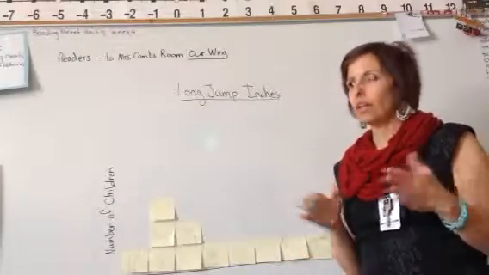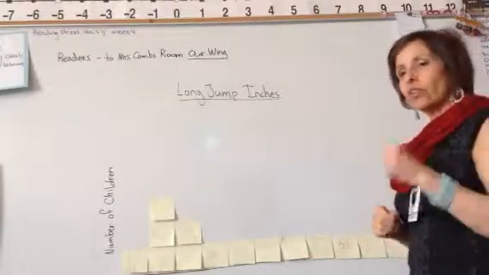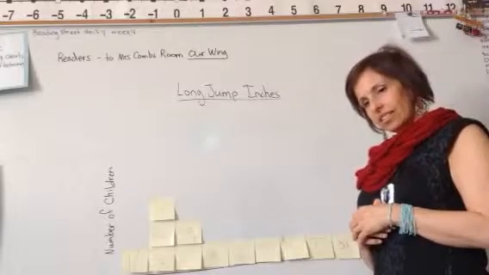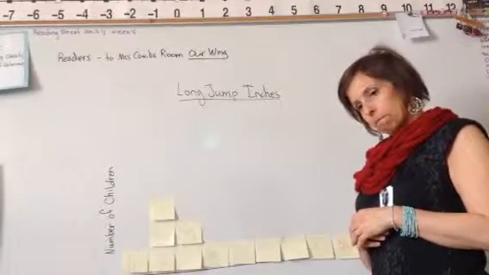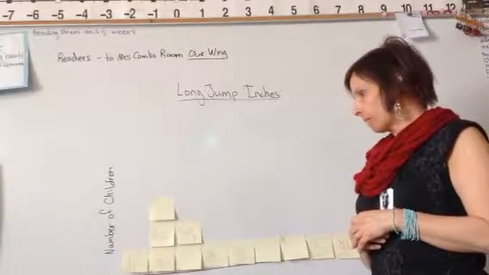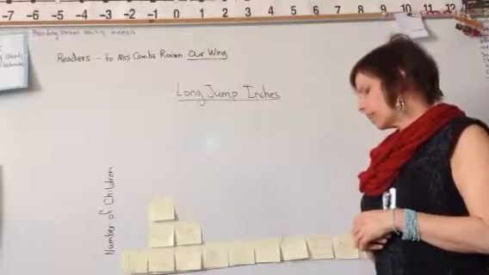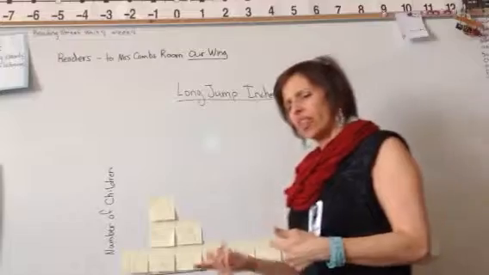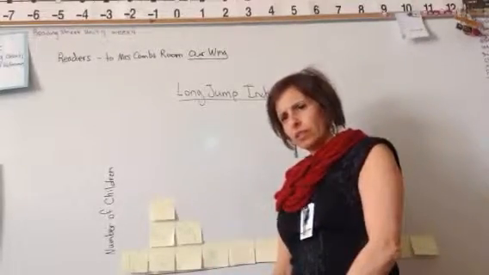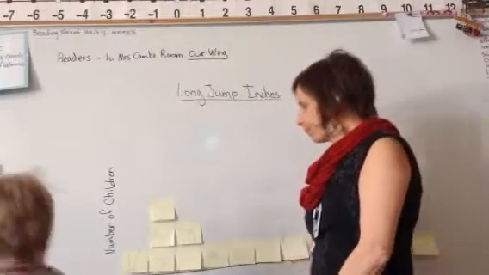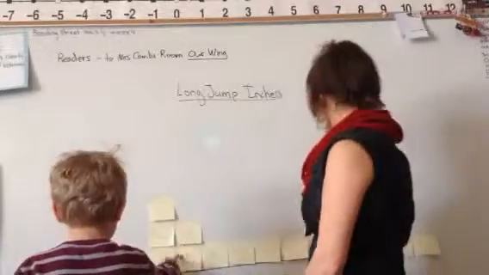What else do you notice about our graph? Not all of them have the same ones. Only two rows have the same things, and that's it. Can you explain a little bit? Because I'm not sure what you're talking about. These two are the only ones that have more than two.